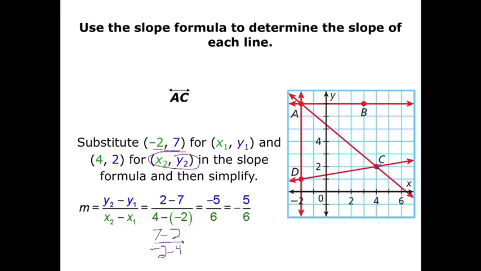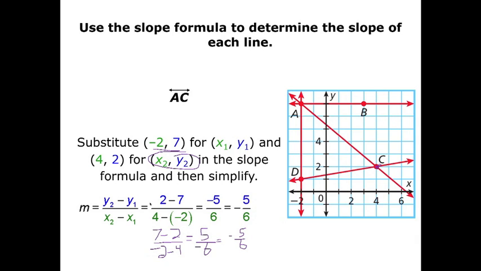Well, what that's going to give me on top is a +5, where when I did it before I got a -5, and on bottom it's going to give me a -6. Well, a positive number on top and negative number on bottom is still a negative number, so it's still -5/6.